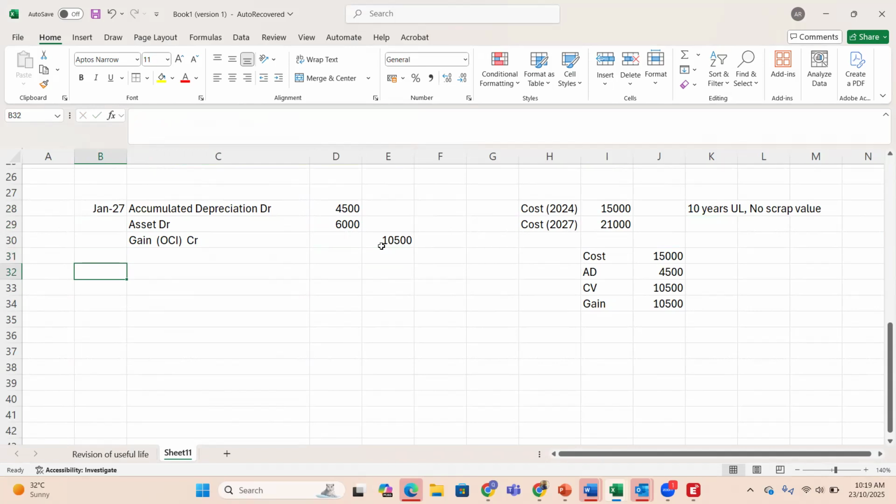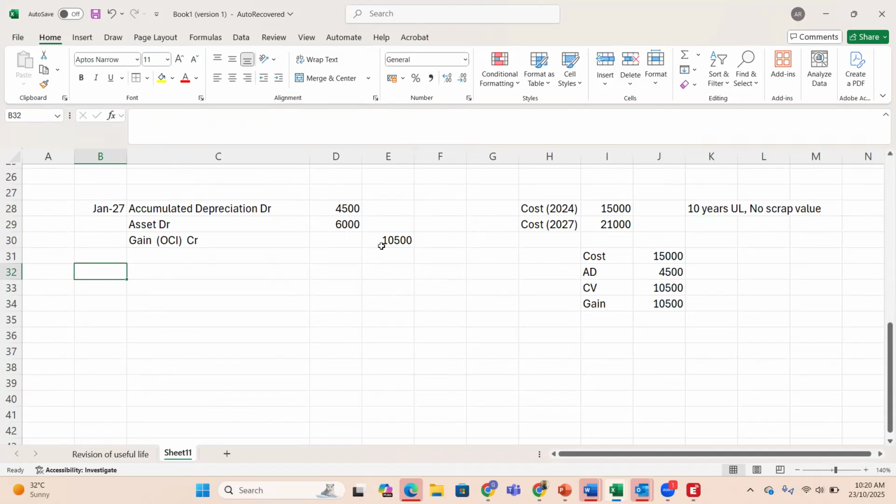right? Now, what will happen if I do this? Now, let's say that there has not been any revaluation gain for subsequent years. This 10,500 will stay there, right? In OCI, it will completely stay. Now, as a matter of policy, what the guide says is you can choose to transfer this to retained earnings.